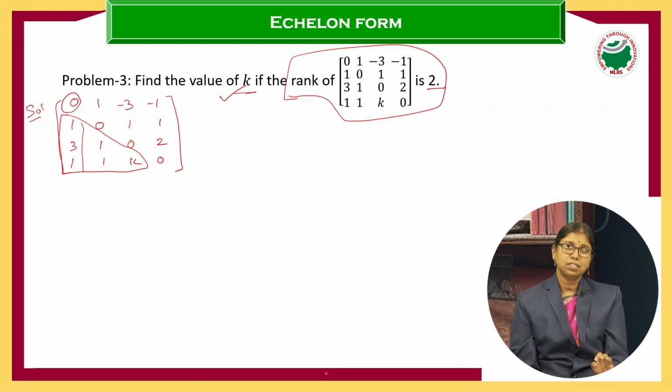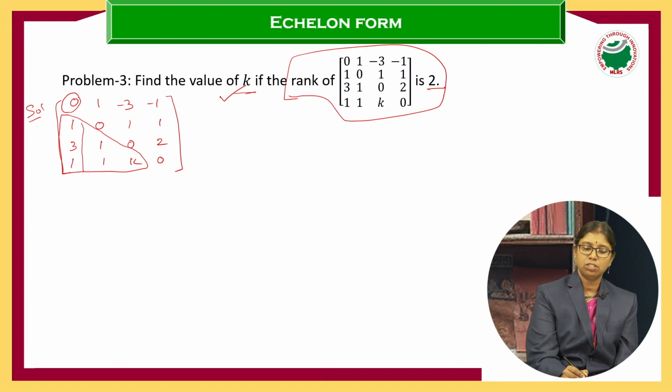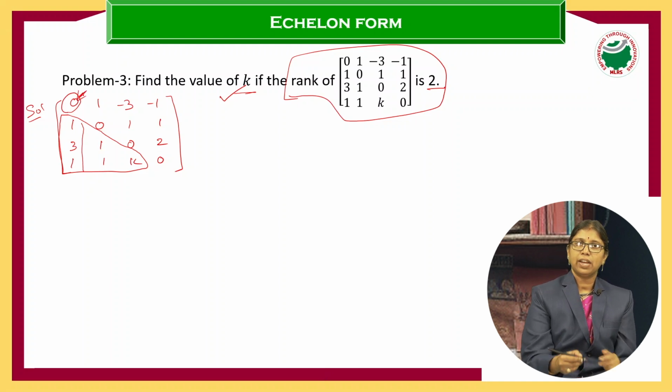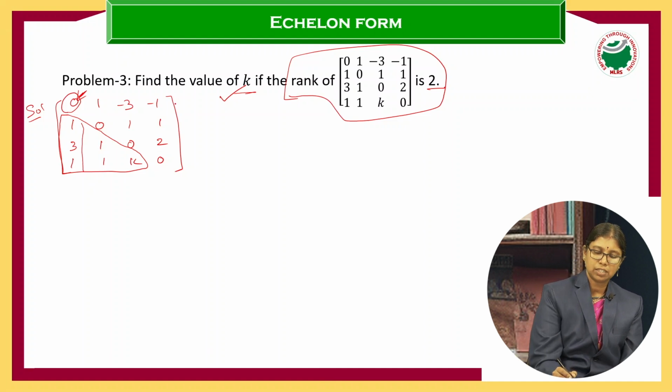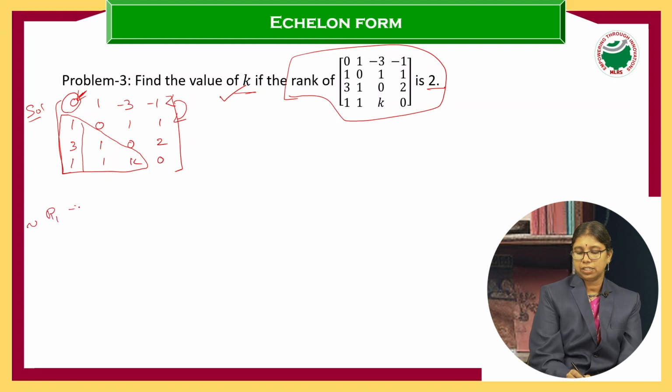In such cases, first you interchange two rows. You need to get a non-zero value in this position. So by interchanging rows, you will get that value. So what I'll do is, first I'll interchange R1 and R2. That means your row operation is interchanging R1 and R2.